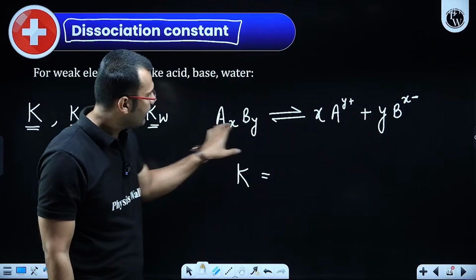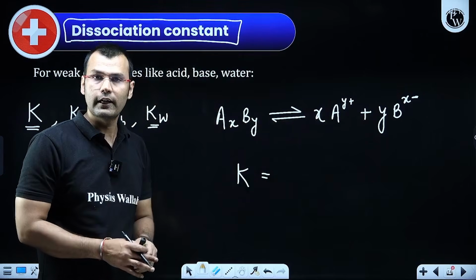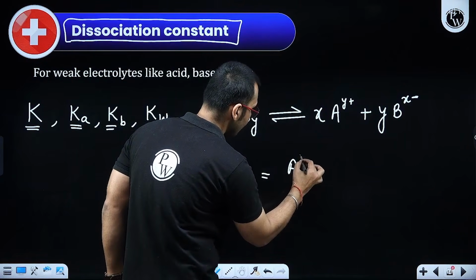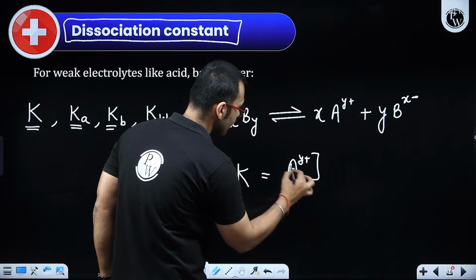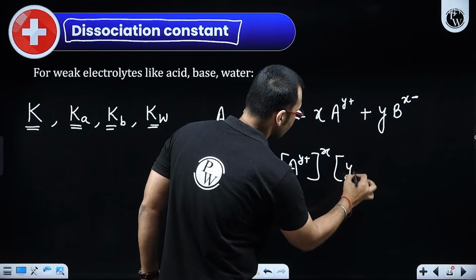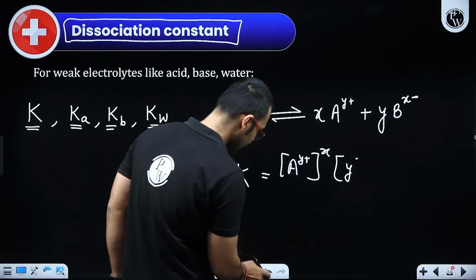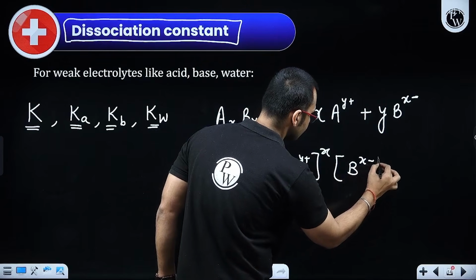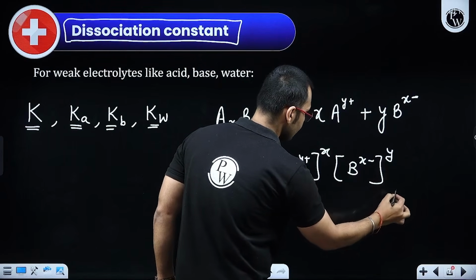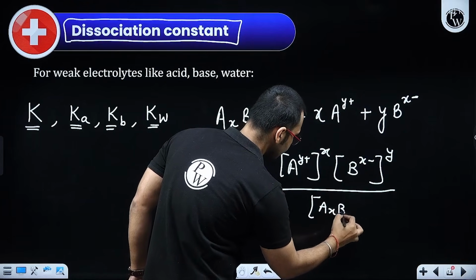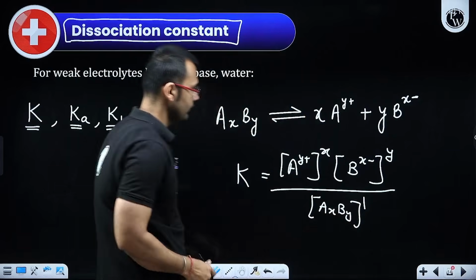So for this reaction, the dissociation constant will be the concentration of ion A raised to the power of its coefficient x, into the concentration of ion B raised to the power of its coefficient y, divided by the concentration of the electrolyte raised to the power of coefficient 1.